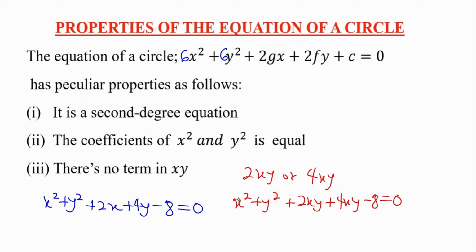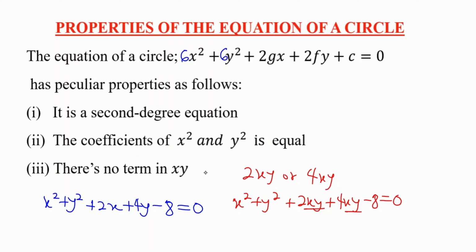The first one, it is a second degree equation, works. And the second one, the coefficient of x squared and y squared is equal. Yes, they have coefficients of 1 and 1. That is correct. But there is a term xy here and a term xy here, making it not qualify as an equation of a circle.